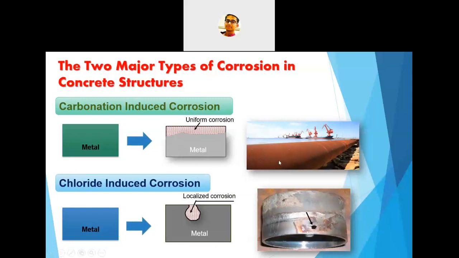In the case of chloride-induced corrosion, you can see a pit hole, so it's like a localized corrosion. At a particular place, the corrosion will start, and it will progress later. The corrosion initiation will be at a particular point where there is more chloride.